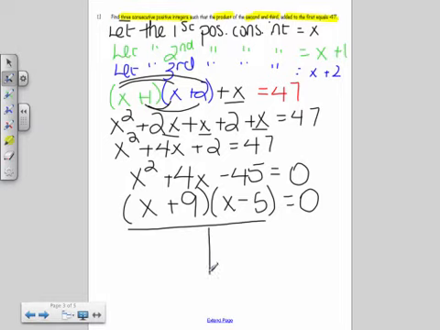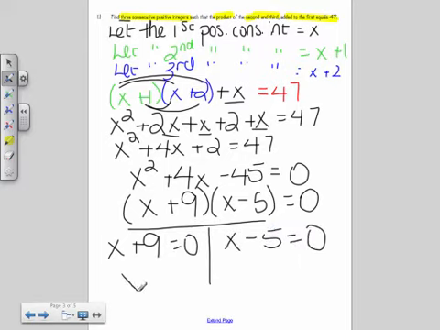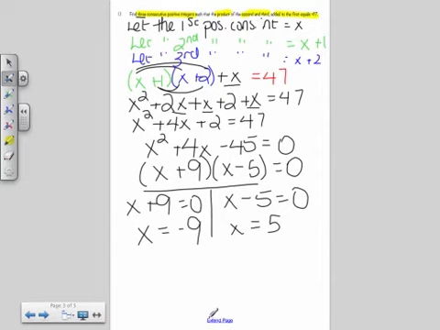Then I can go right to my t-chart, so I get x plus 9 equals 0, and I also get x minus 5 equals 0, which means that x equals negative 9 and x also equals 5, which means that my answers are going to be negative 9 and 5. Now, be very careful. Go back and revisit what the question is asking you to find.